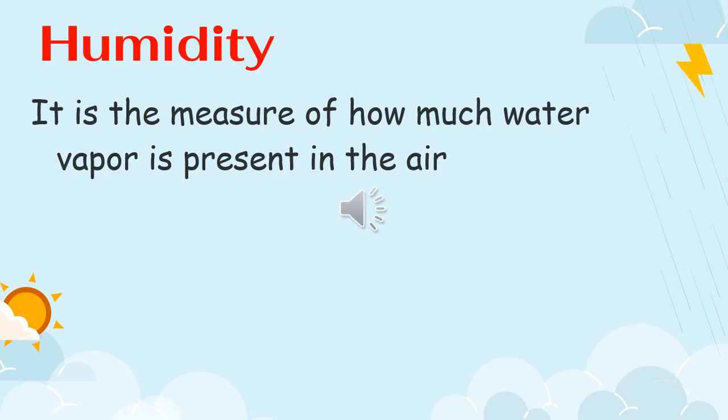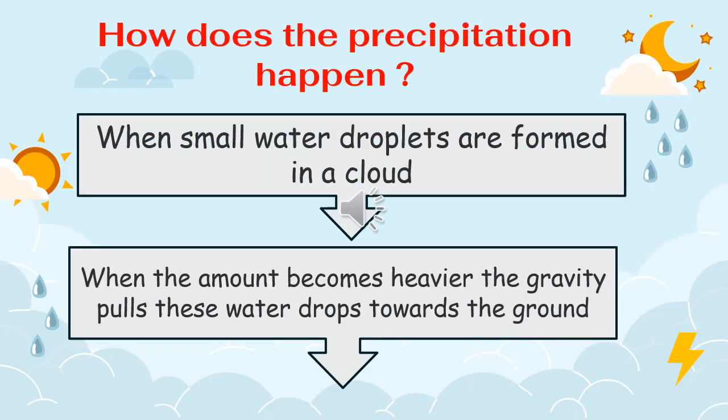From what we studied in the previous concept, can anyone remind me how precipitation happens? Super. After the water vapor condenses, the clouds become too heavy and cannot hold the water drops anymore, so they release them, and the water falls again to the ground in the form of rain or sleet.